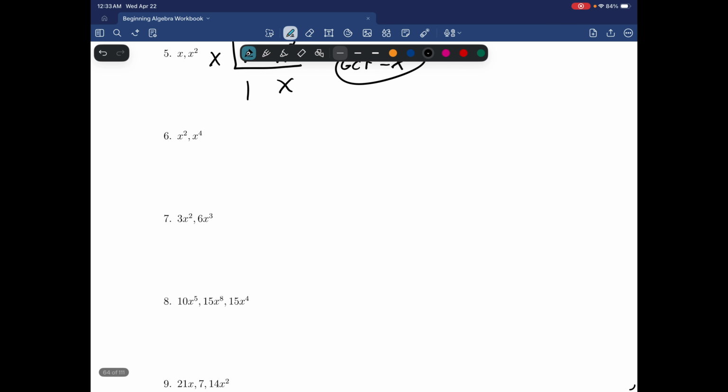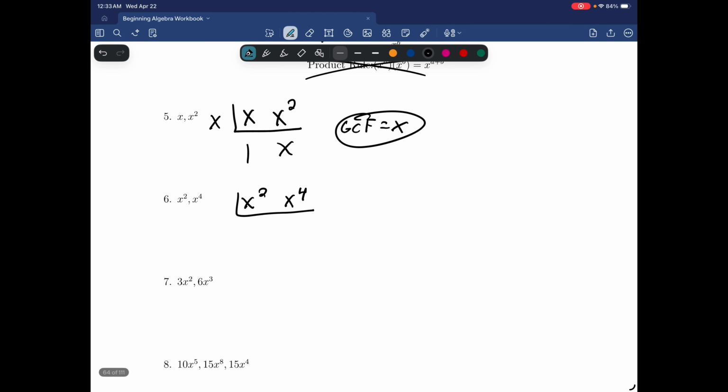Looking at example number 6, we have x squared and x to the 4th power. So I'm going to go ahead, write that out here, do the bar, and I know I could factor out an x like I did in example 5. But what I'm going to do is divide both of these by x squared.